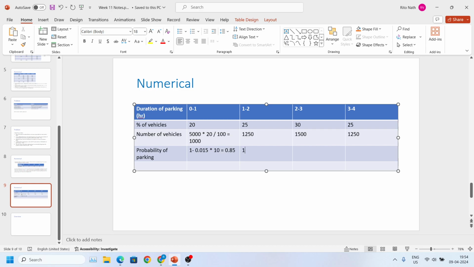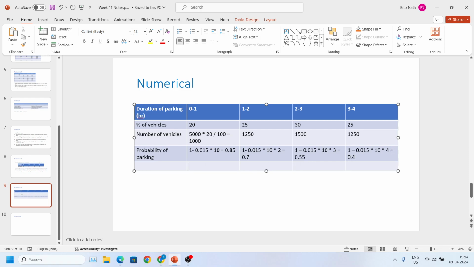For the next hour, for 2 hours of duration, this is 1 minus 0.015 times 10 times 2, which is 0.7. Then it's 1 minus 0.015 times 10 times 3, which is 0.55. And 1 minus 0.015 times 10 times 4 is 0.4.